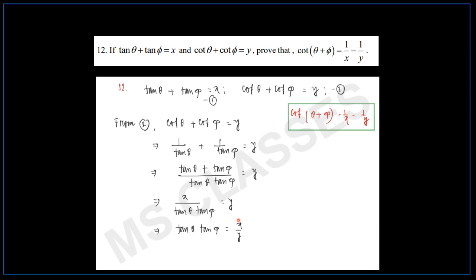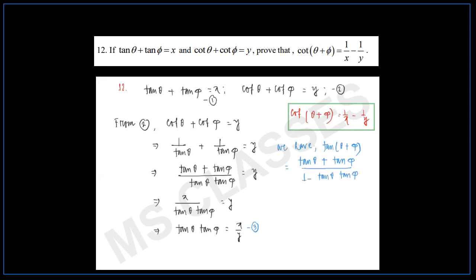Now we have got tan theta plus tan phi, and we have got tan theta tan phi. Now using both of these, if we mark this as equation 3, we can easily find tan of theta plus phi. What is the value of tan of theta plus phi? By formula, tan theta plus tan phi by 1 minus tan theta tan phi.